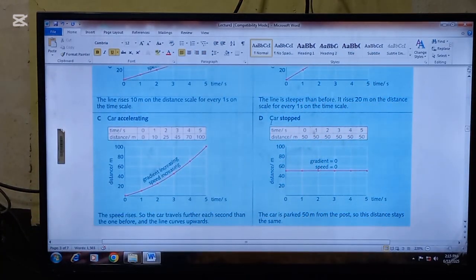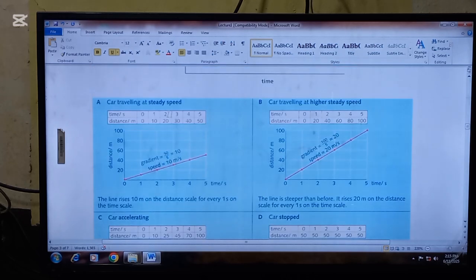Okay, here come different kinds of graphs. Car traveling at steady speed. So look at the graph. Here is another graph. Here is more steepness of the graph. The line is straight. Here is less steepness of the graph. Line is straight.